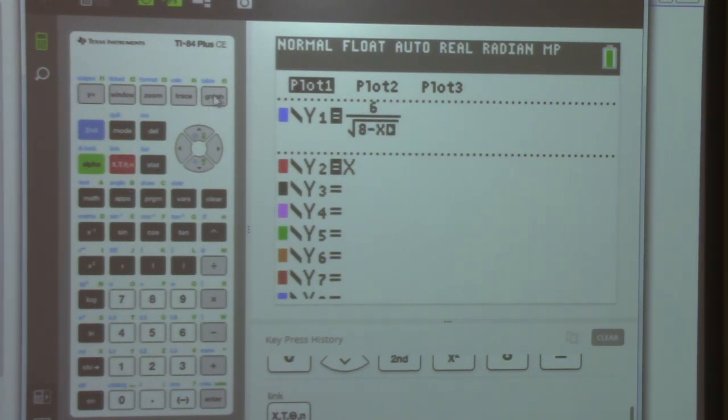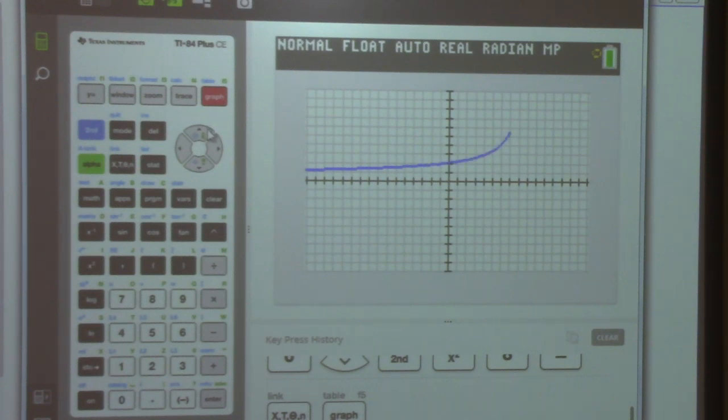So we get this looking thing here. So it's going to be this blue one here, right? So we want to find the inverse. So the inverse should go something like this, right?